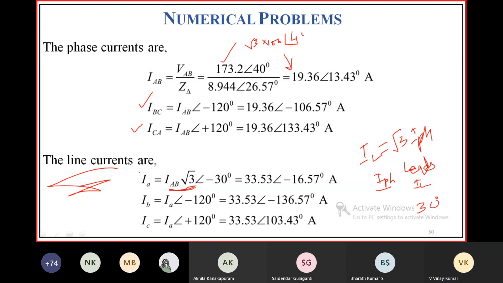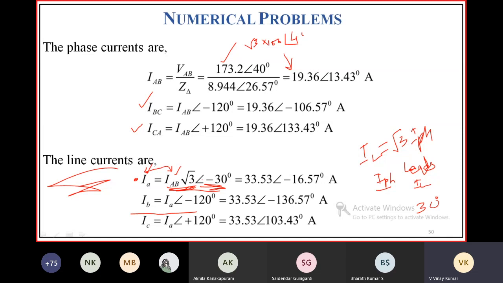Then line current lags phase current by an angle of 30 degrees means IAB root 3 at an angle minus 30. Minus 30 means this lags this by an angle of 30 degrees.